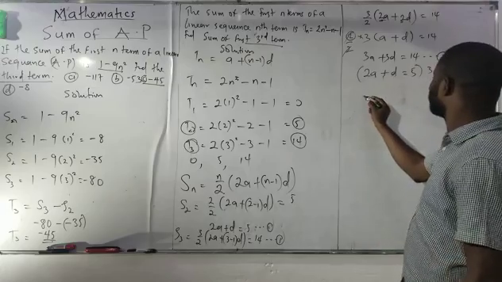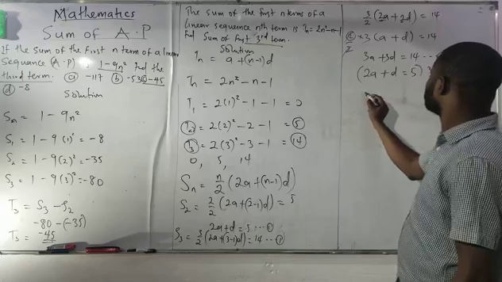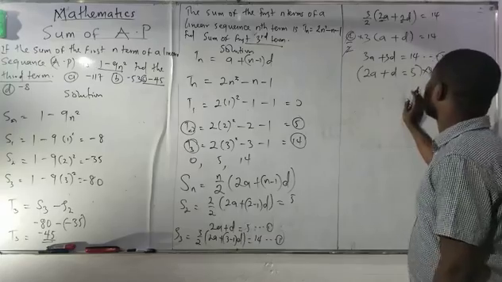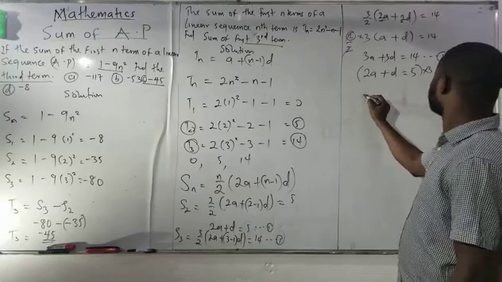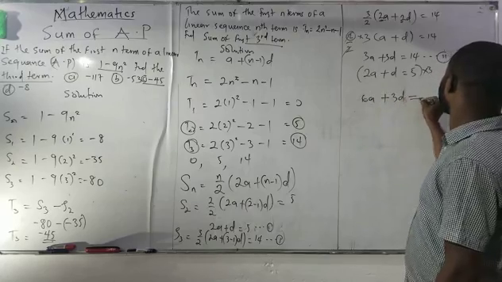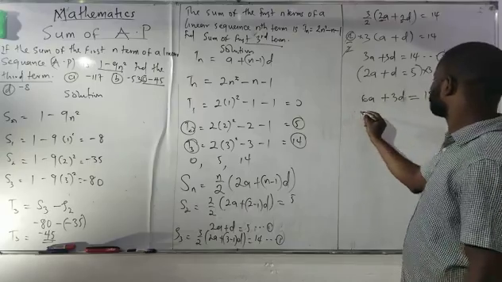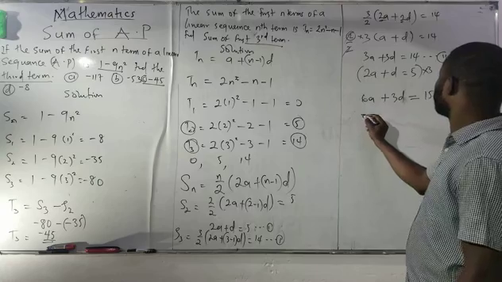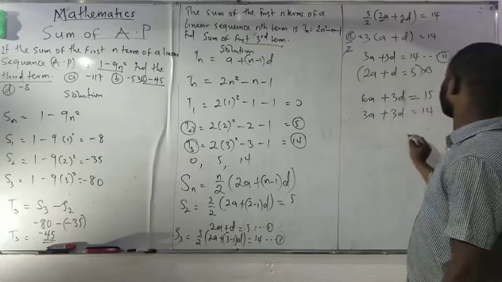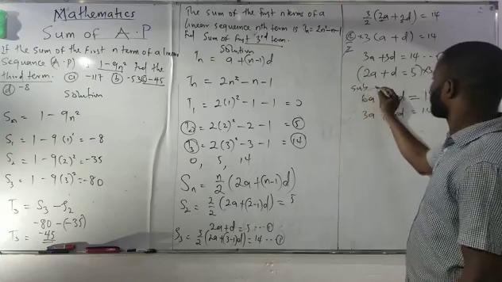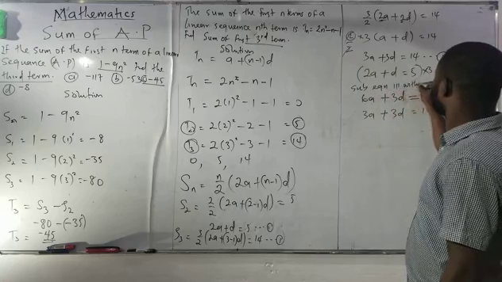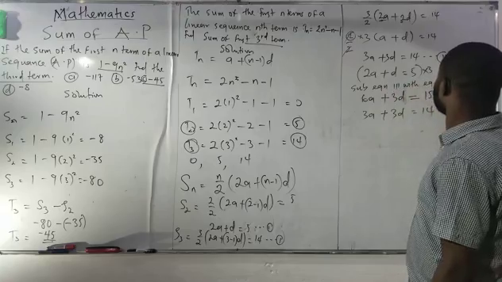I multiply equation 1 by 3, which gives 6a plus 3d equals 15, and I'll be having 3a plus 3d equals 14. Subtract equation 3 with equation 2.